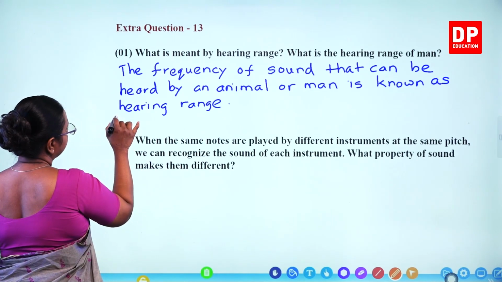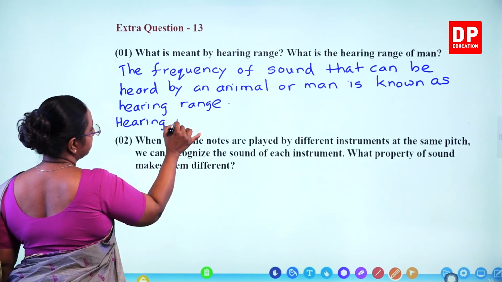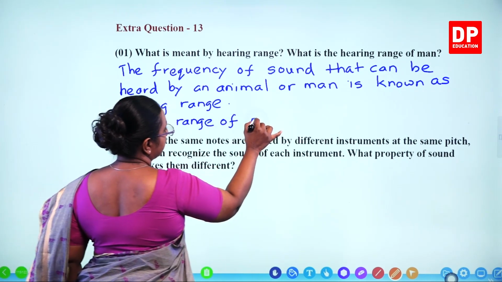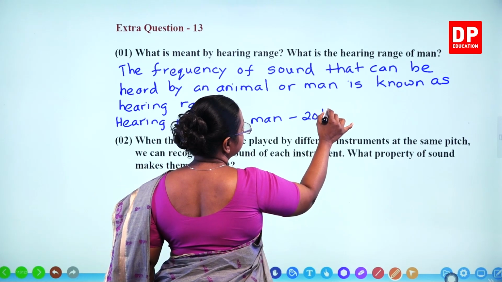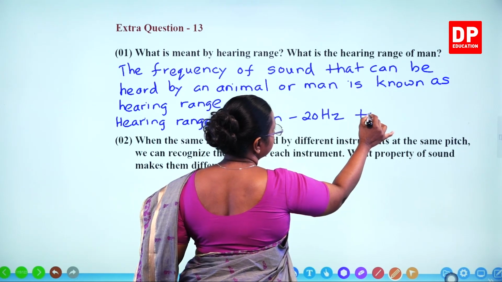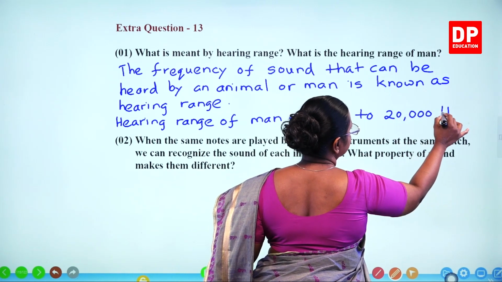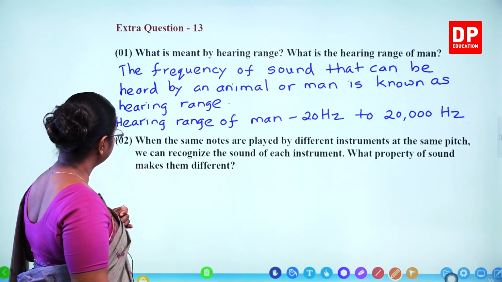Then the second question, hearing range of man. Man is 20 Hz to 20,000 Hz. So that is what you have to write here.